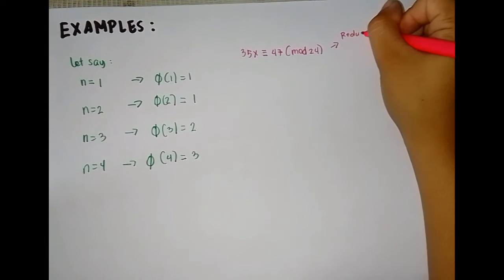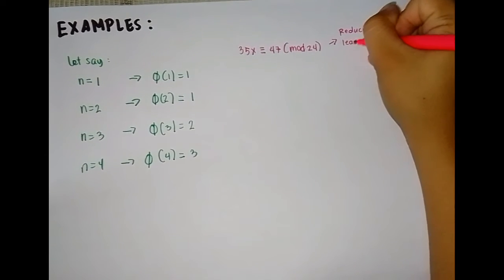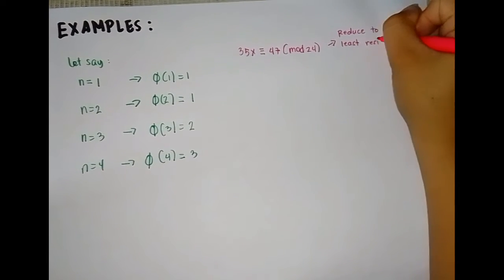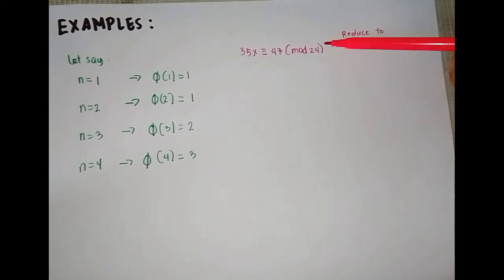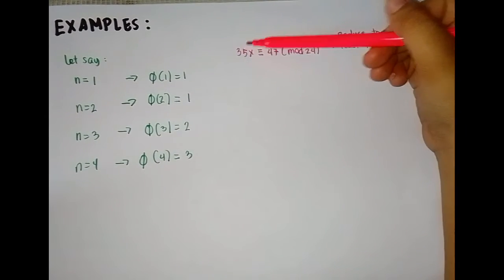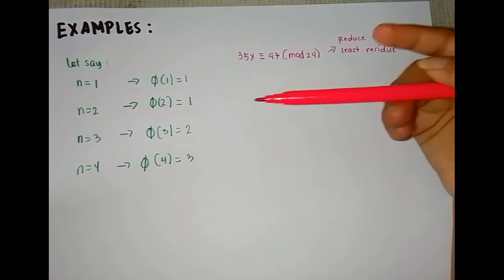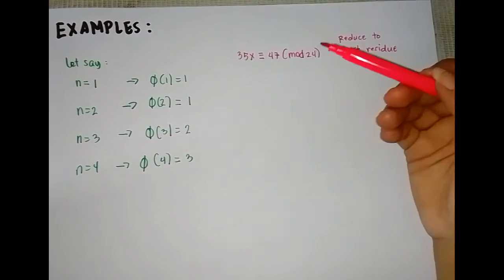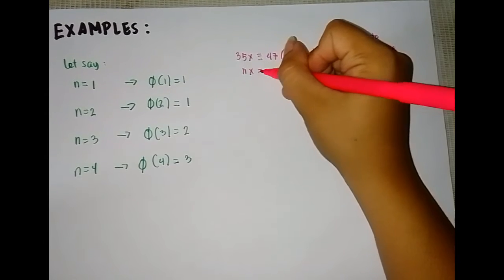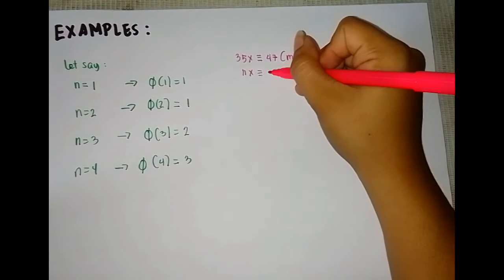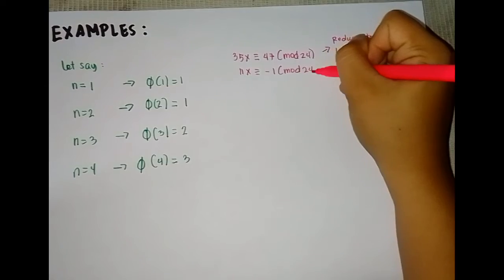reduce to its least residue. We'll find a number that is divisible by 24 but less than 35. So we have 24, then 1 times 24 is 24, 35 minus 24 is 11. So we'll write 11x, then the least residue of 47, we have negative 1 mod 24.